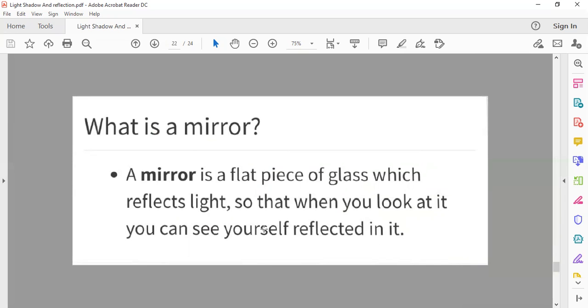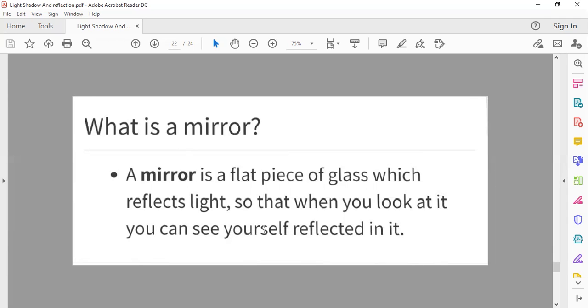Actually, what is a mirror? A mirror is a flat piece of glass which reflects light. It's a flat piece of glass only which reflects light, so that when you look at it, you can see yourself reflected in it. But mind you, children, you must have seen the mirror, but we can't see the back side of the mirror.